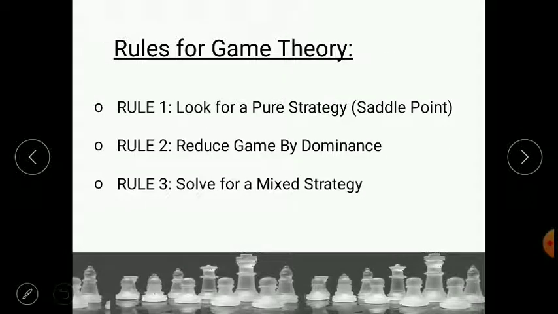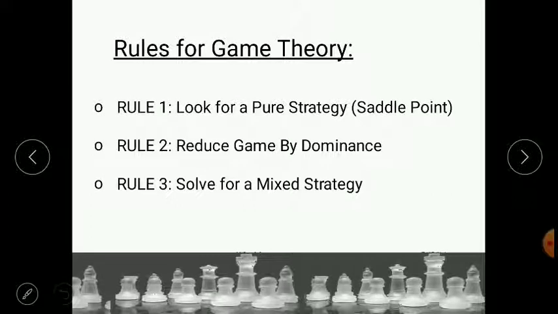To start with the rules of game theory, there are three rules in game theory. Rule 1 is to look for a pure strategy, that is, the saddle point. Rule 2 is to reduce the game by dominance, and rule 3 is to solve for a mixed strategy. We'll have a look over this. We'll have more examples on saddle point because according to our prescribed syllabus, only saddle point is there for you.